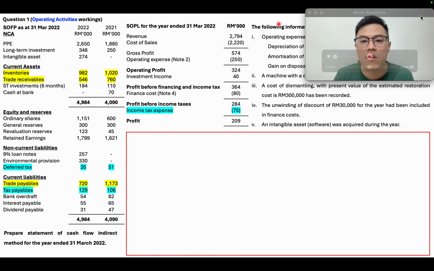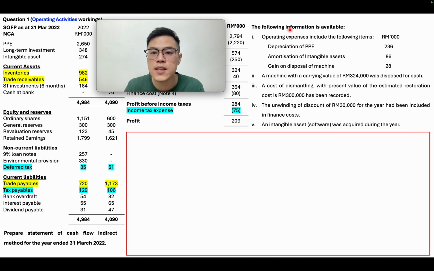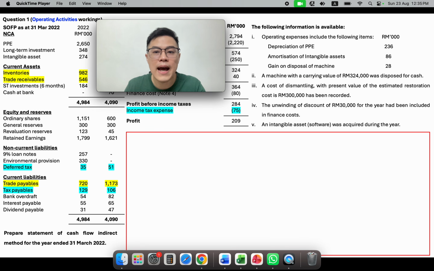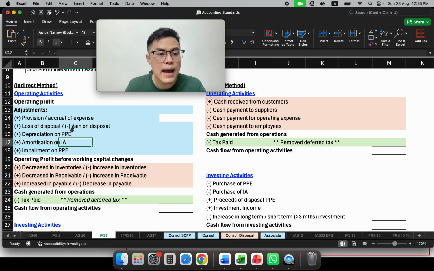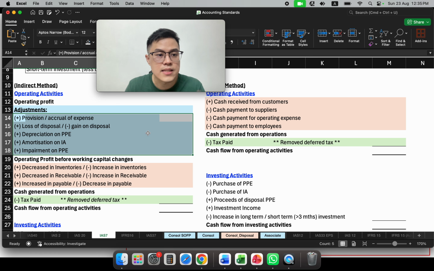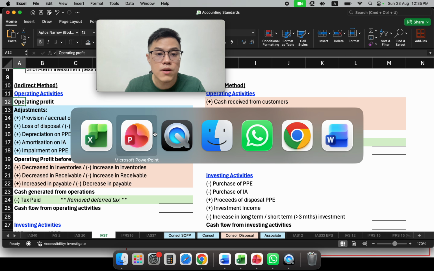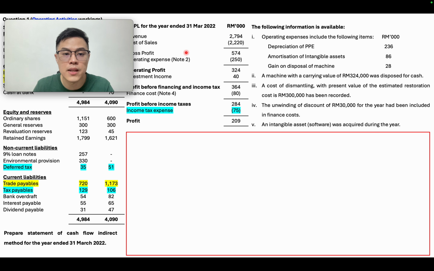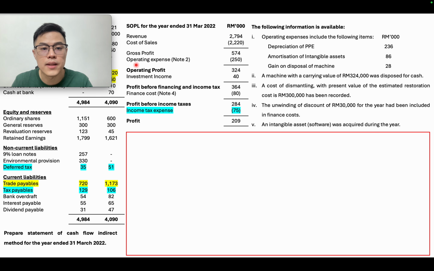And from the SOPL, as well as some additional information, you have depreciation, amortization, and gain on disposal. Of course, you know that these are the items you are going to add back at the start of your indirect method, because you start with operating profit. So we start with operating profit of 324, and these three items are included in your operating expenses.